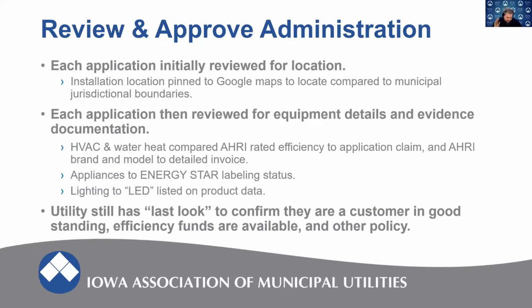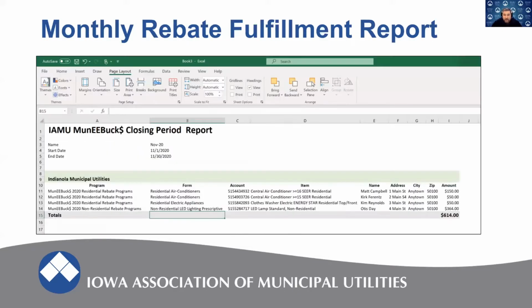And so we make sure that the unit that the customer is installing is on that AHRI QPL. They are within your city limits. It is efficient enough, and that is a legit install. And then we give that information to you. You get a last look to confirm, do an approval, and then you can process payment to your customer.